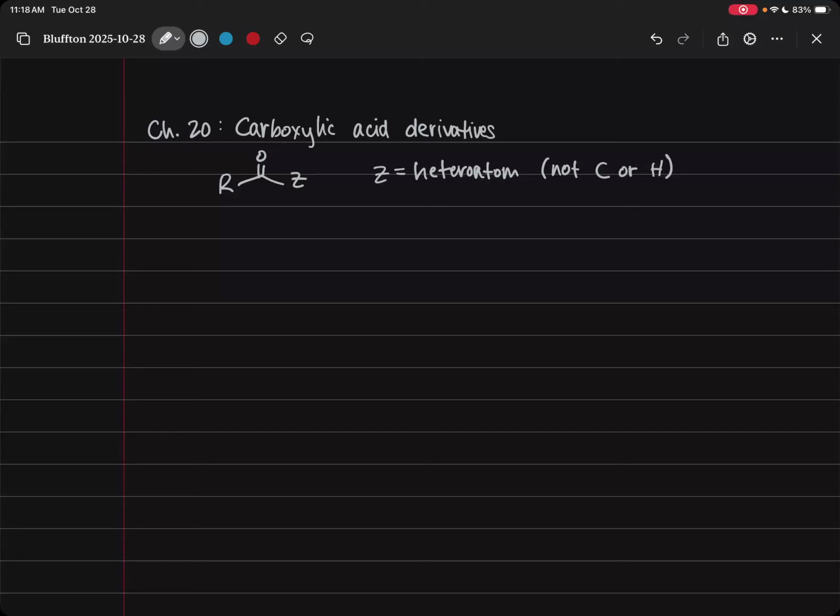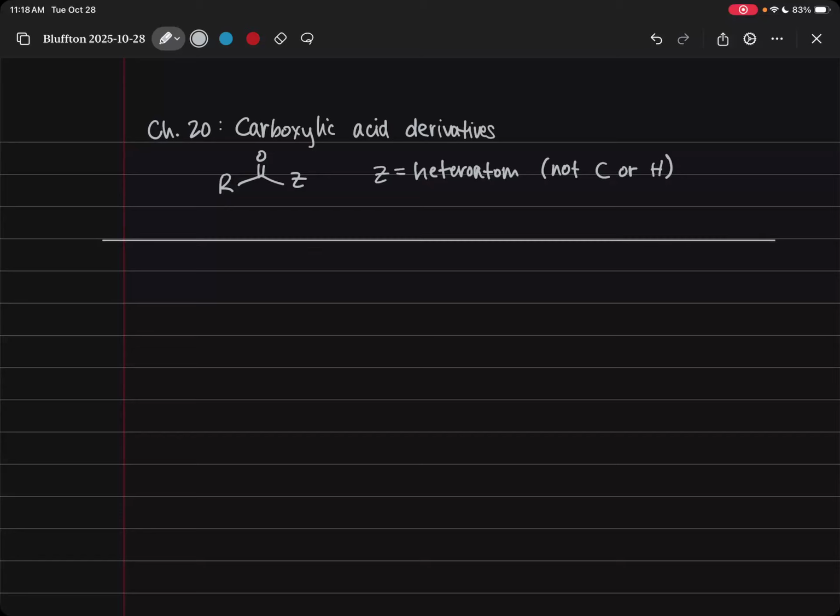So if Z was carbon, that would be a ketone. And if Z was hydrogen, that would be an aldehyde. So we're going to do basically everything else that you can put there with some exceptions. And one of the compounds we'll talk about doesn't look anything like the others, but I'll show you why it sort of is the same.